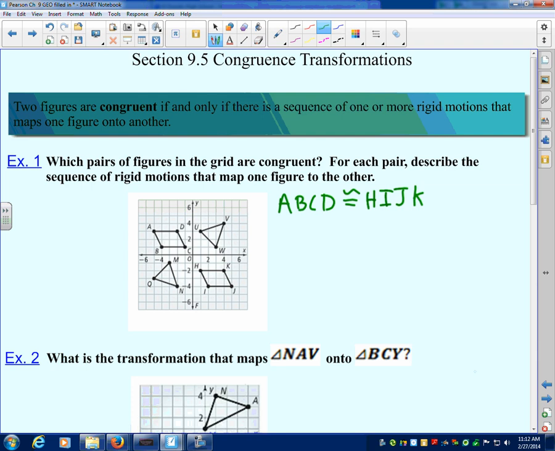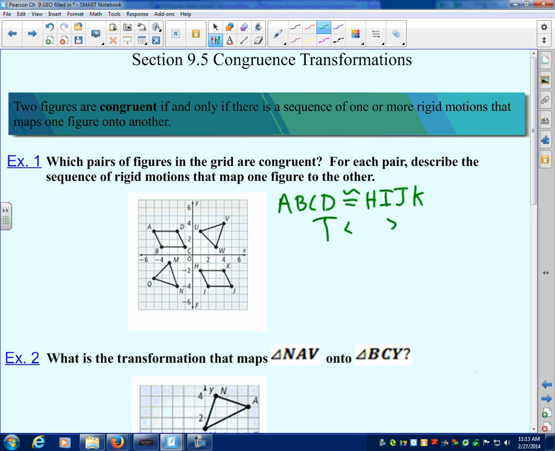It is a translation. Let's practice using our symbols since we're still getting used to that. So it's T, and then I'm going to use these less than, greater than symbols. Translation, so if it's a translation, then that means every point is moving the same distance right and the same distance down. And I would agree with you on that.